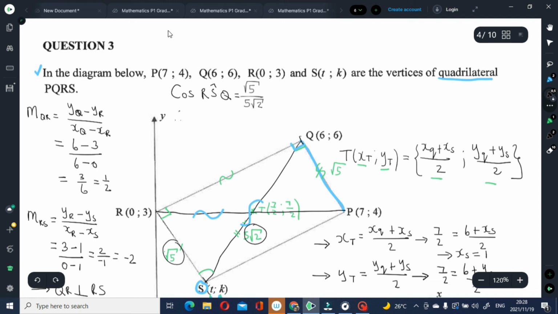Therefore, RSQ should be equal to cos inverse of root 5 divided by 5 root 2, and this should be equal to 71,57 degrees.